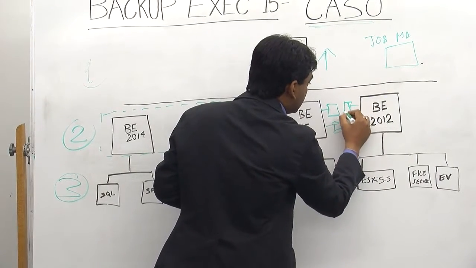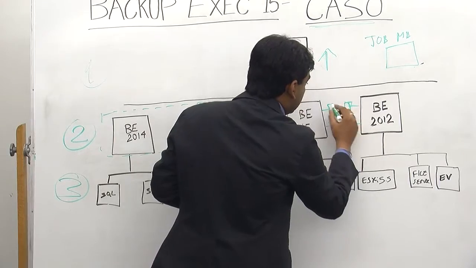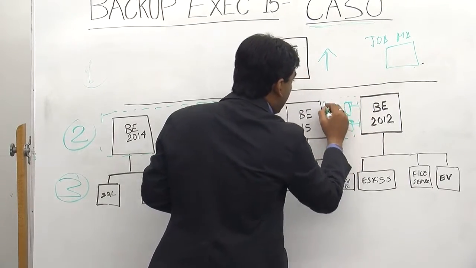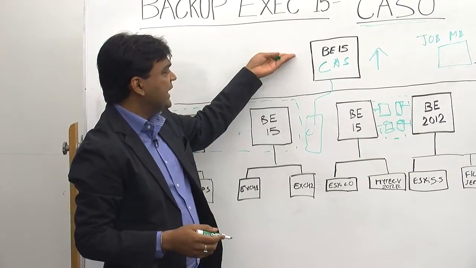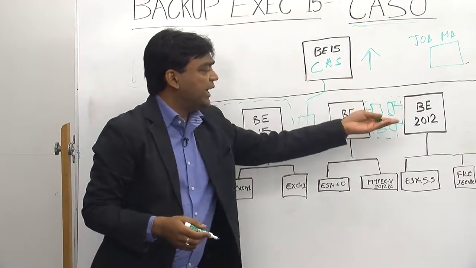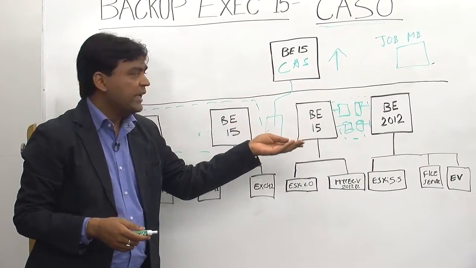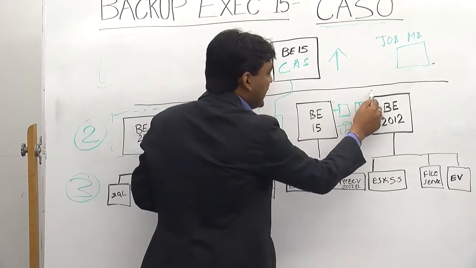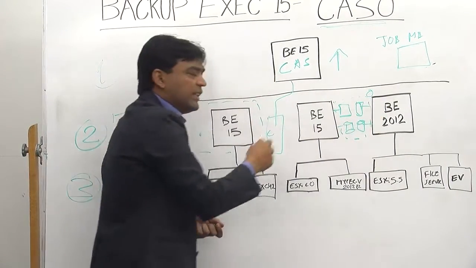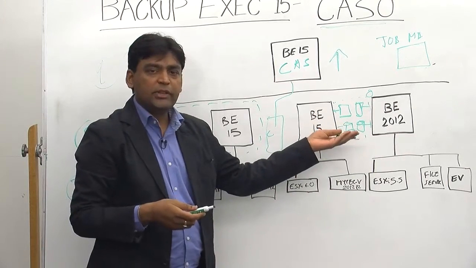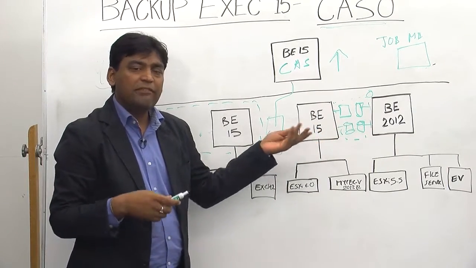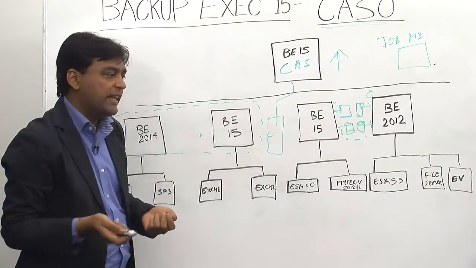I can delegate a task from this server to any one of these servers. If a job is in a device pool and cannot find a device on the primary server, it will find the next available device in that device pool. So jobs don't fail, and you have less headache for backup admins.